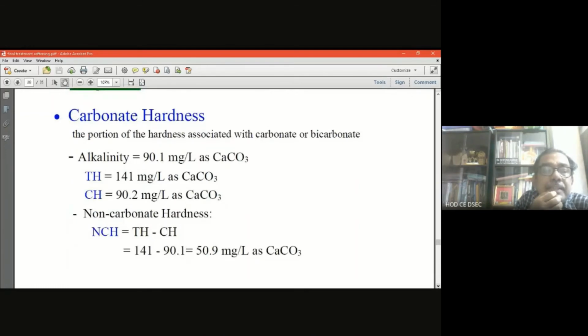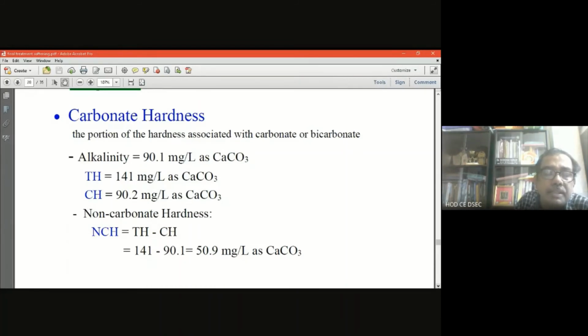Now, what is the carbonate hardness? The portion of the hardness associated with carbonate or bicarbonate is the carbonate hardness, which is given as 90.2. So total hardness is 141.